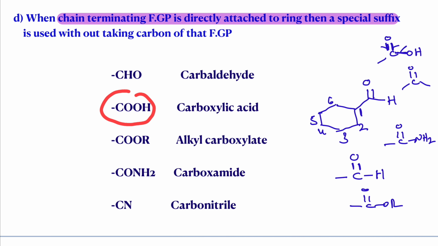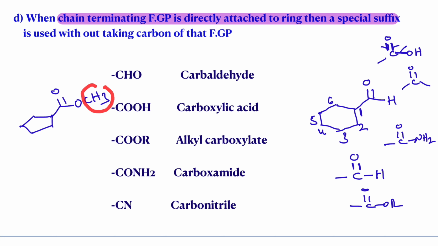If you have COOH, then you have to say carboxylic acid, cyclohexane carboxylic acid. For ester it is alkyl carboxylate. For example, if you have a cyclopentane ring with COOCH3, then we have to say methyl cyclopentane carboxylate.